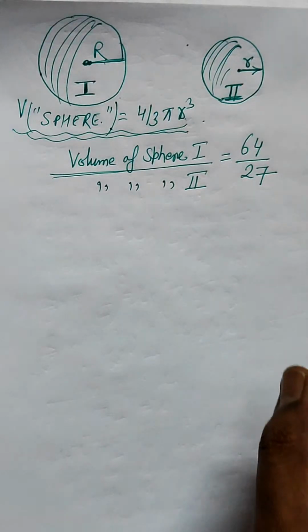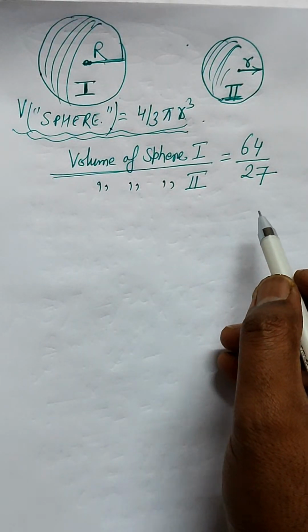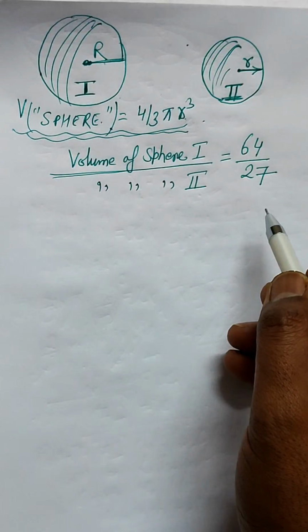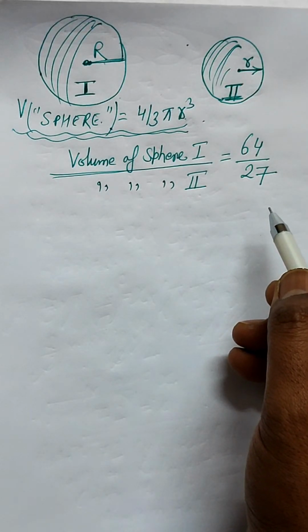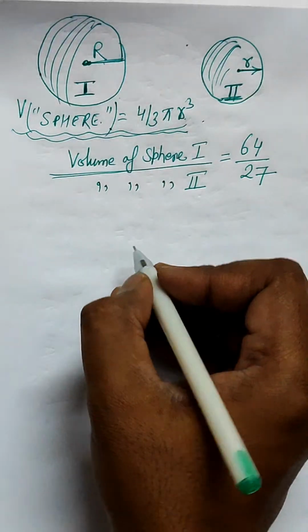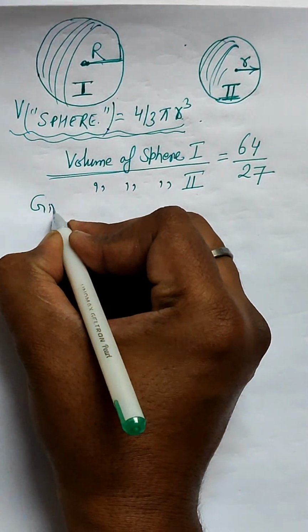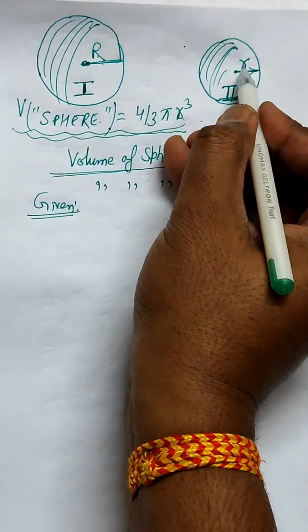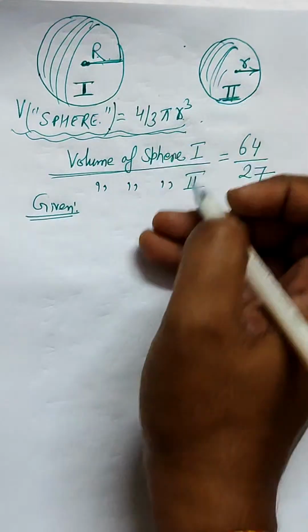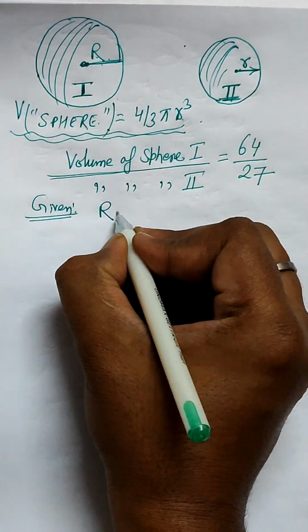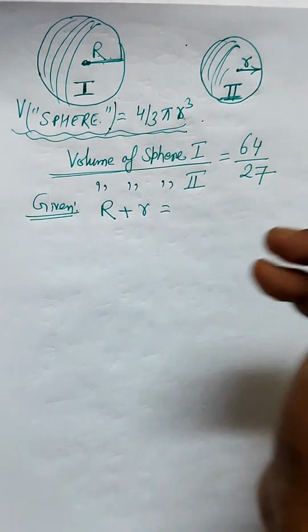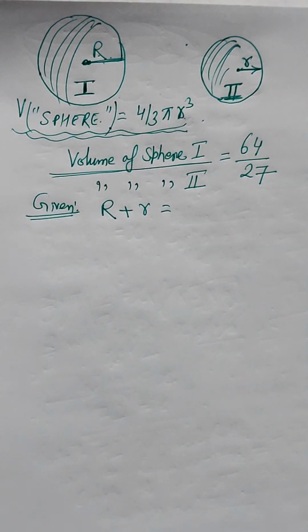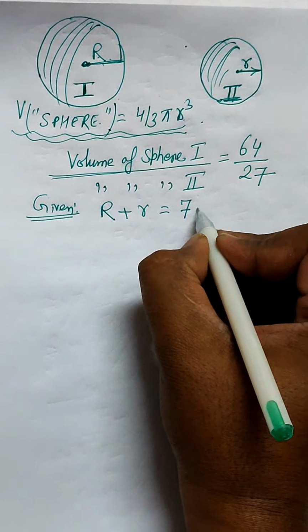Now you need to find the difference of their surface areas if the sum of their radii is 7 centimeter. It's given that the sum of the radii, that means capital R plus small r, is 7 centimeter.